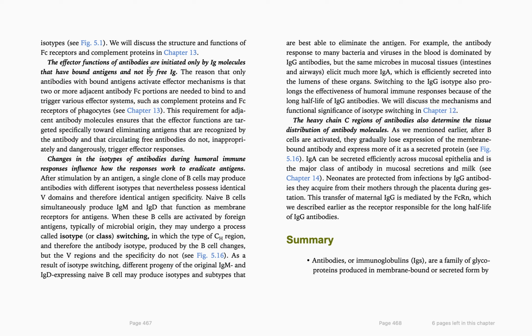The effector functions of antibodies are initiated only by Ig molecules that have bound antigen, not by free IgG.